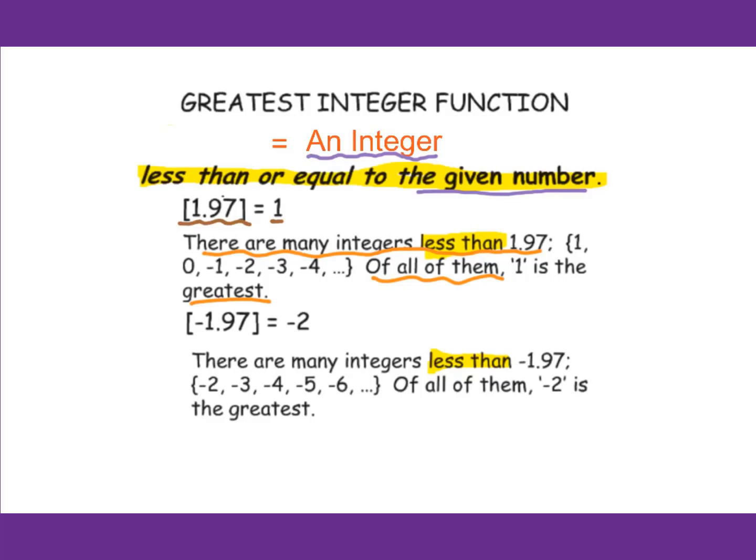The greatest integer of negative 1.97 is negative 2, because there are many integers less than negative 1.97, and for all of them, negative 2 is the greatest one.